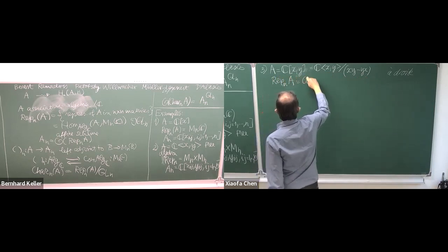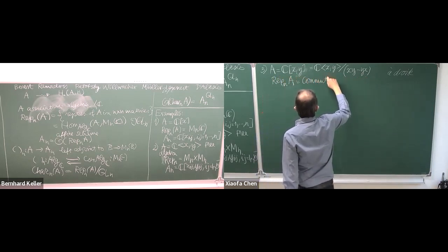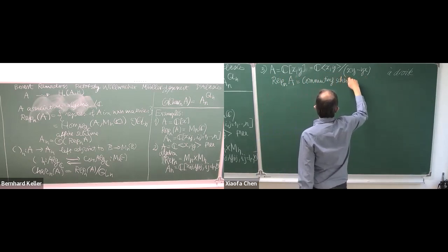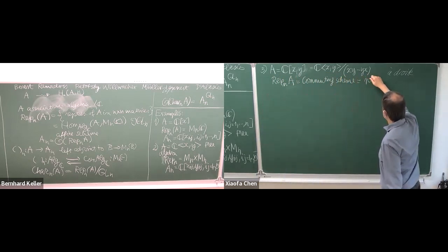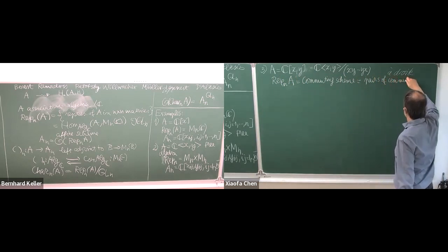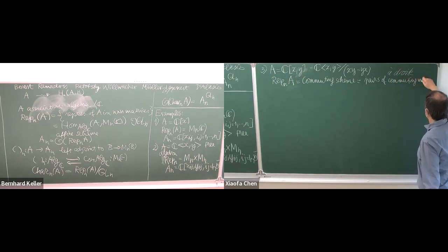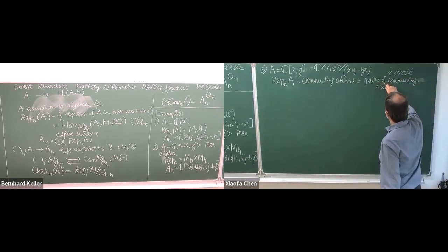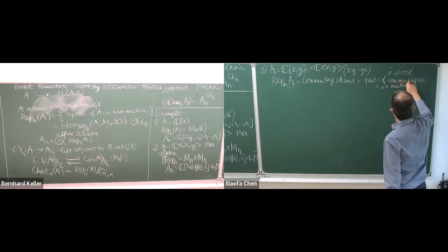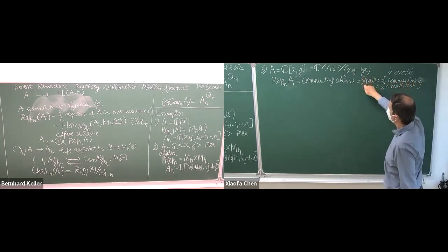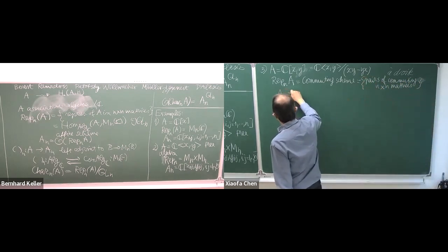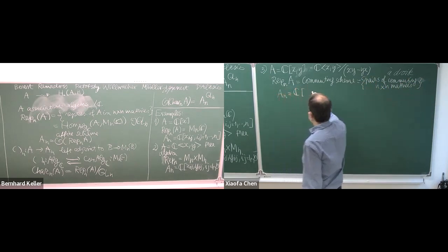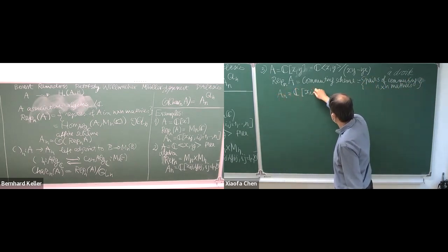This is what is called the commuting scheme. So it's a pair of commuting matrices. And so the functions on it will be generated by matrix elements, matrix entries, x_ij, y_ij, as before.